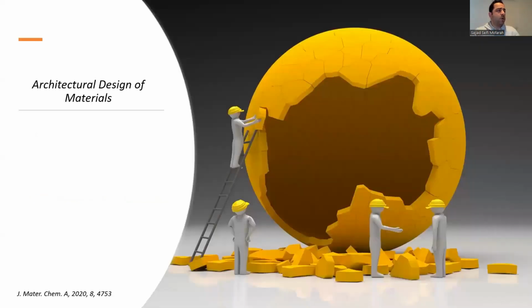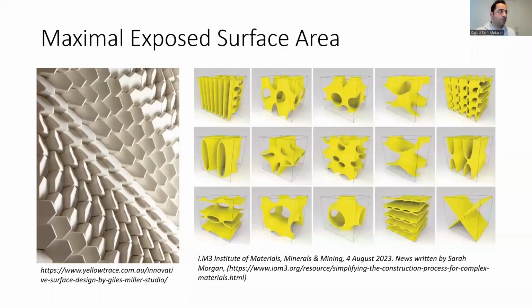All right, so we now understand about electrochemical behaviors, different types of pseudocapacitors, and pseudocapacitor materials, and we know how important it is to design our material from the architectural point of view. This is because we want to maximize the exposed surface area.